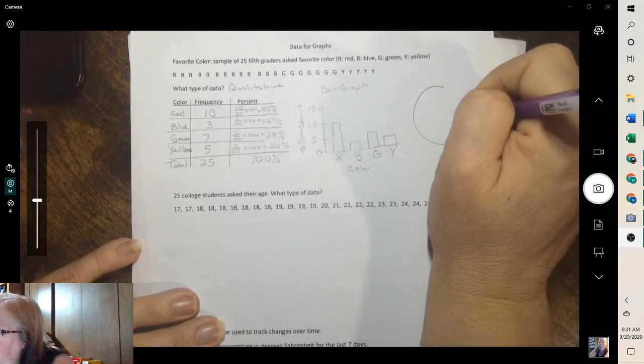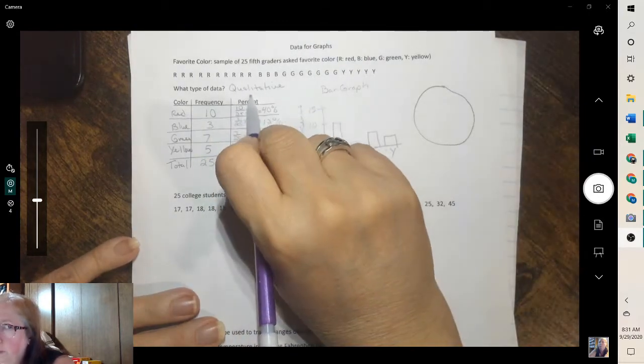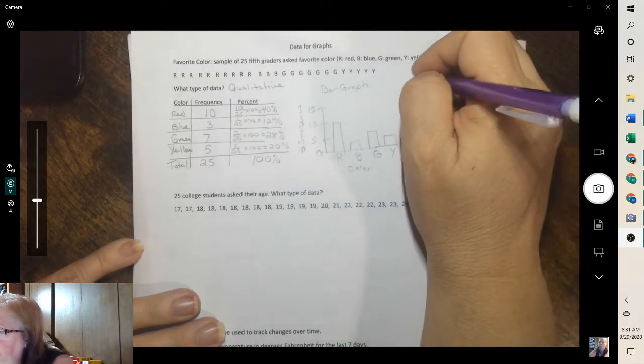Another graph that works well with qualitative data is a pie chart.